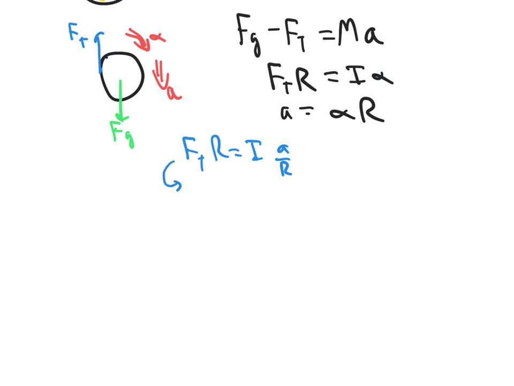And this, of course, becomes that Ft R squared equals I A.